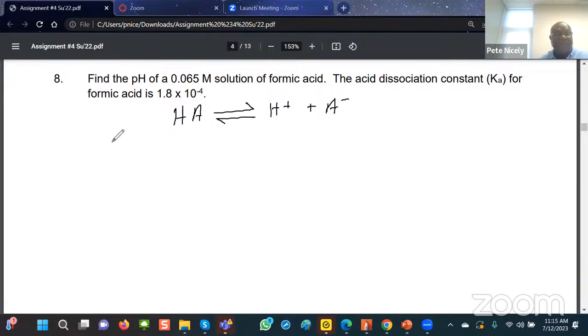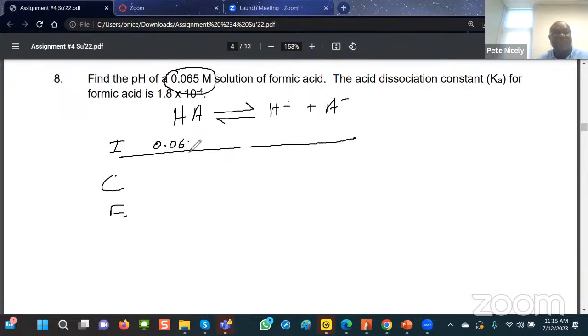So you're going to set up an ICE table, as I said before, where we have initial, change, and equilibrium. Initially, the concentration of the formic acid would be 0.065 M. Before anything starts, you're going to have 0 and 0. The change here, we don't know what it is, so we're going to call it minus x, where x represents the concentration of HA reacting.